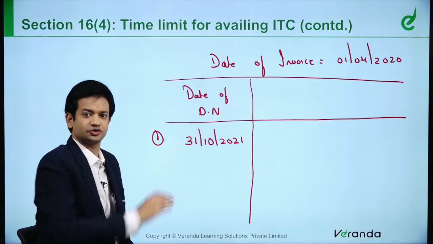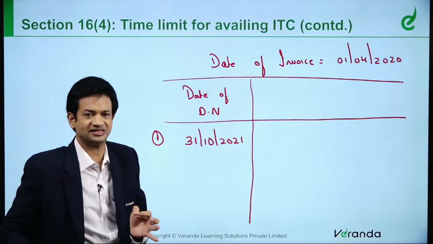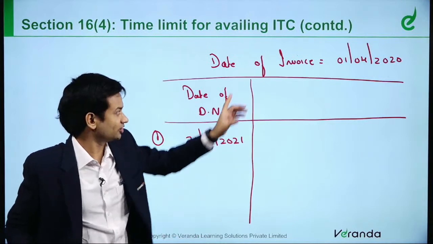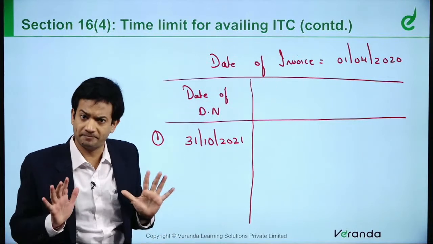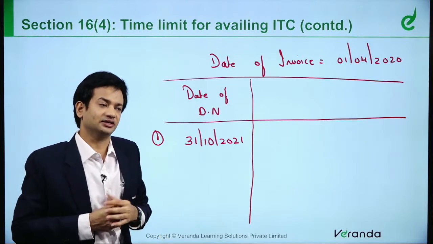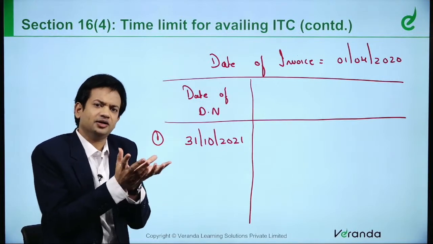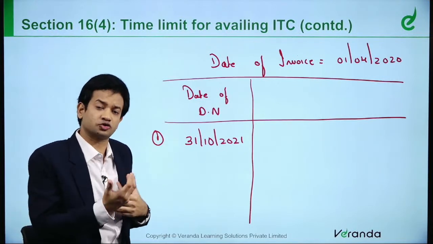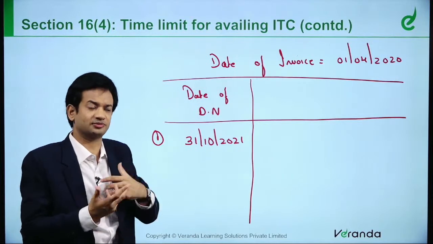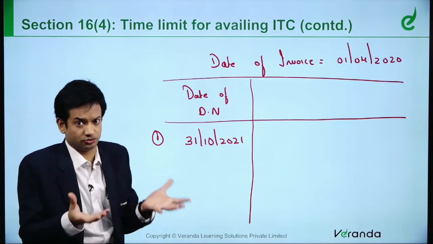Invoices are already raised, so now I will raise a debit note, right? So on 31st October 2021, I am raising a debit note for the invoice which I raised on 1st April. Practical, very much practical. As I give an example, many times it might happen that I am raising an invoice to a company, and there could be some dispute also. So as TVS, I raise an invoice on a day, there's some negotiation going on, there's some dispute going on about the quality, so the price increase is not yet approved.